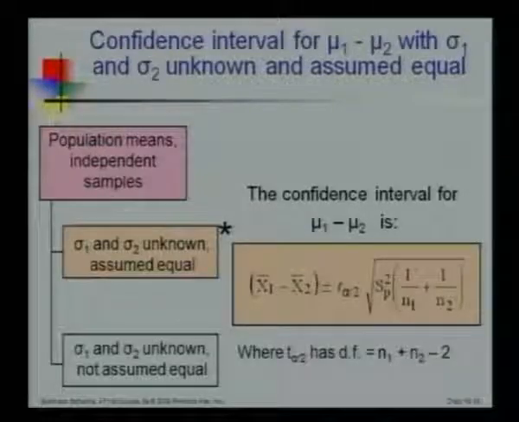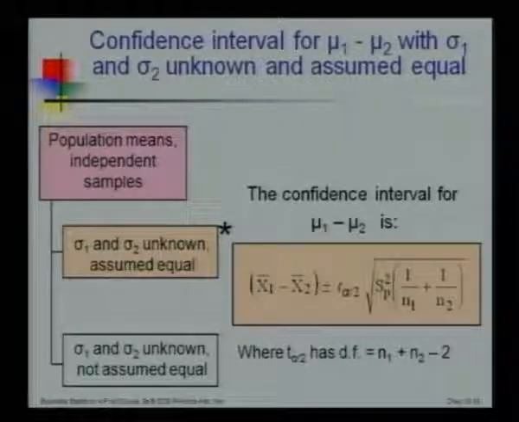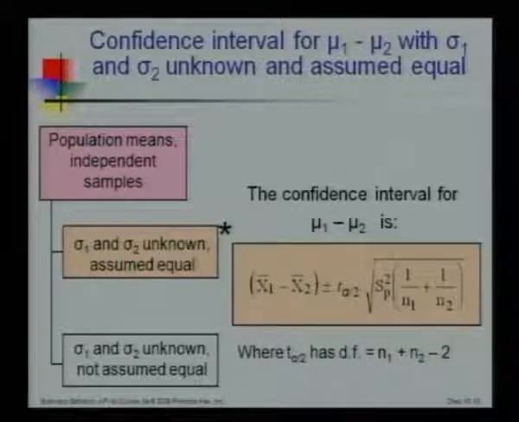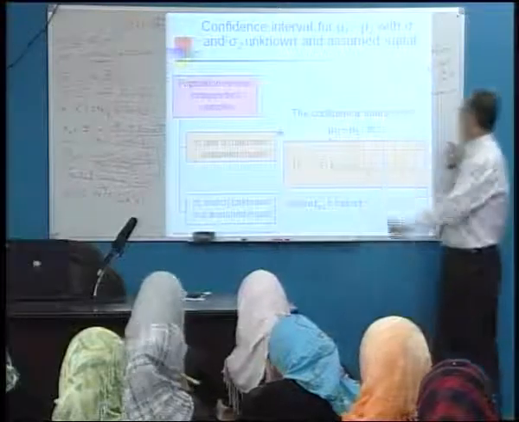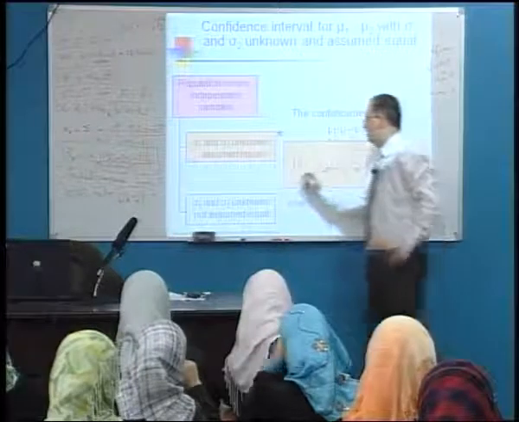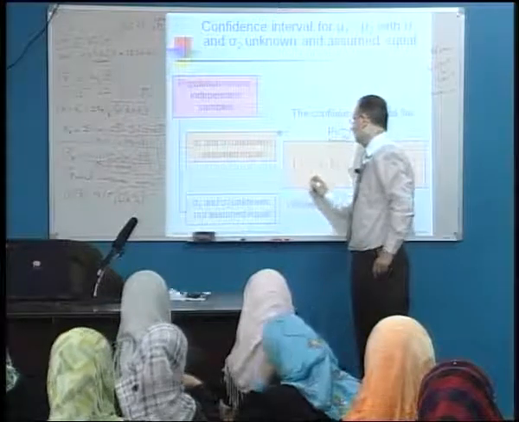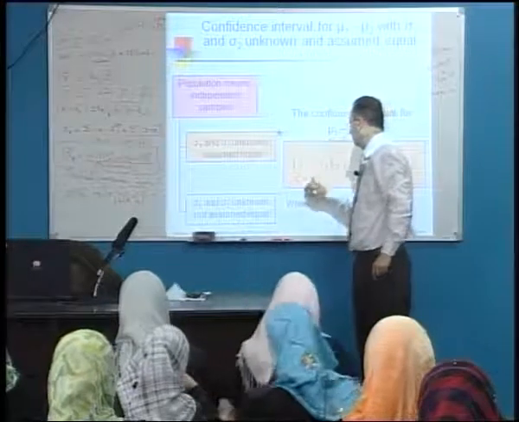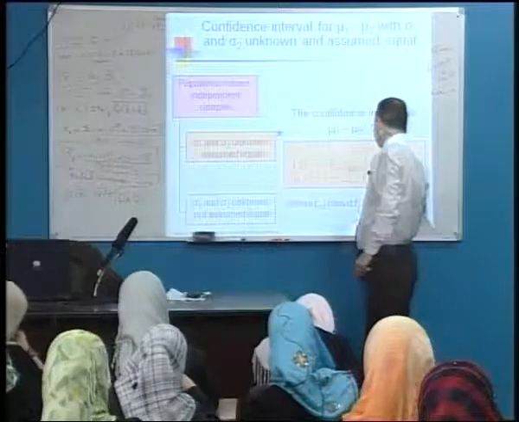So if sigma is unknown and they are equal, your confidence interval is x1 bar minus x2 bar plus or minus t alpha over 2 times the square root of s squared p multiplied by 1 over n1 plus 1 over n2. If we are talking about the confidence interval for mu2 minus mu1, we should have here x2 bar minus x1 bar plus or minus the same amount.